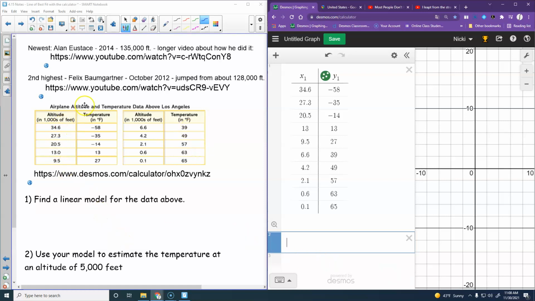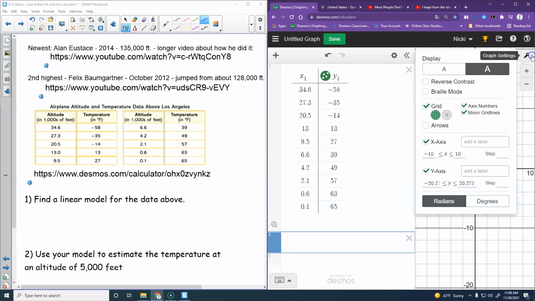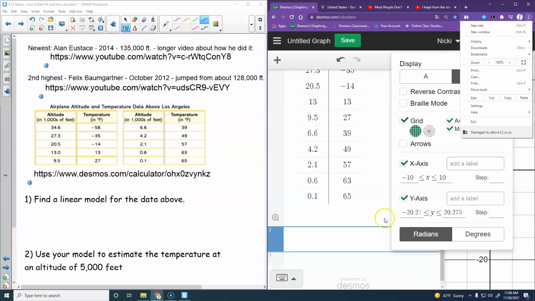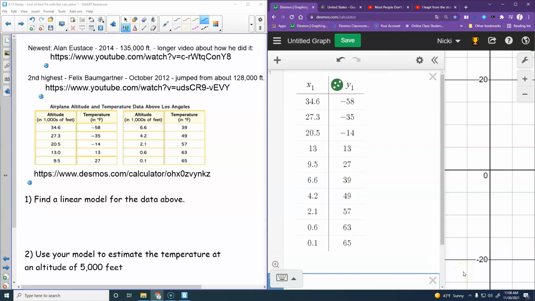They just put them side by side to make it fit. So when you get here to 9.5, just keep going. It's going to be 6.6, 4.2, 2.1, 0.6, 0.1. And you can just look at what I have here if you would like. All right, so make sure you've got your data in.